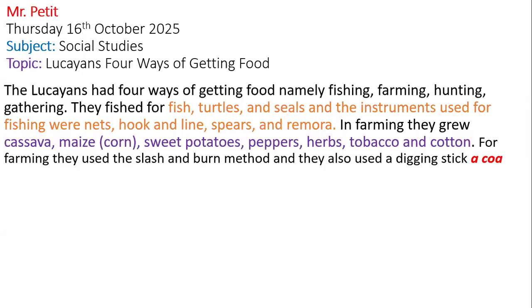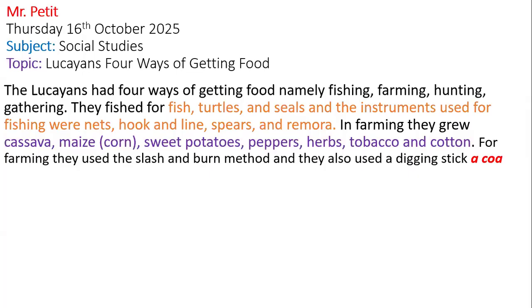The reason for burning is that they want to have some sort of clearing of the land, but also they believe that if you slash it and then burn it, you would give minerals to the soil. So that's the purpose of the slash and burn method.